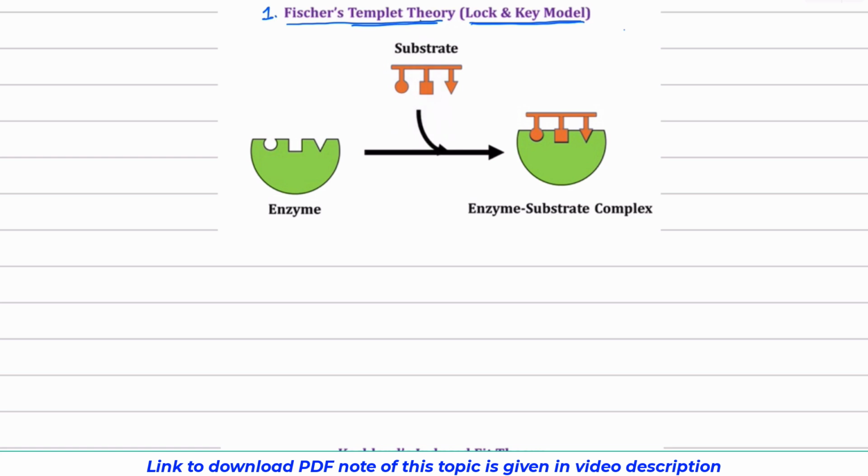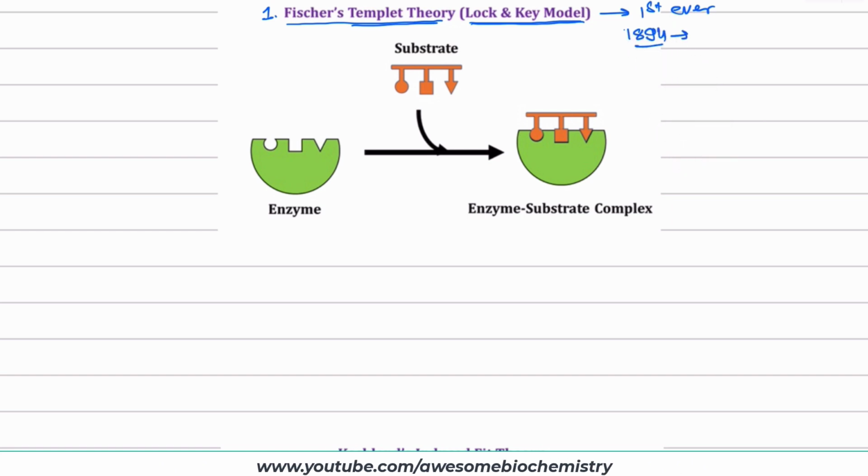Now this Fischer's Template theory, which is also called the lock and key model, was the first ever theory for the explanation of the enzyme-substrate complex. It was proposed in the year 1894 by the German biochemist Emil Fischer.